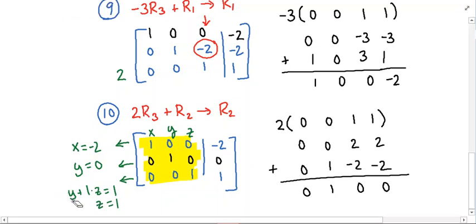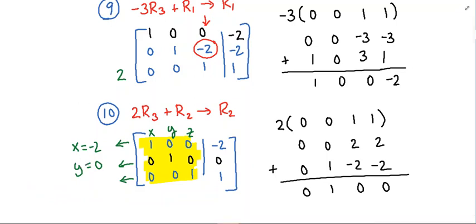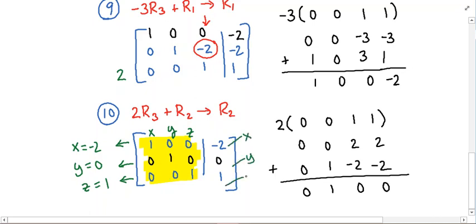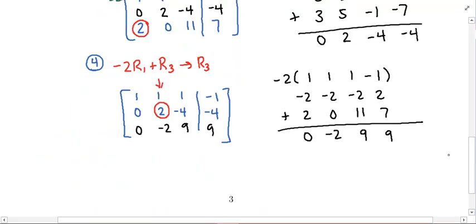Let me write this down. You don't have to translate it back into equations. Once you get the identity matrix here, this is your X, this is your Y, this is your Z. So there you go. I'm going to go back to the original problem on the other page, and I'm going to write down my answer for this system.